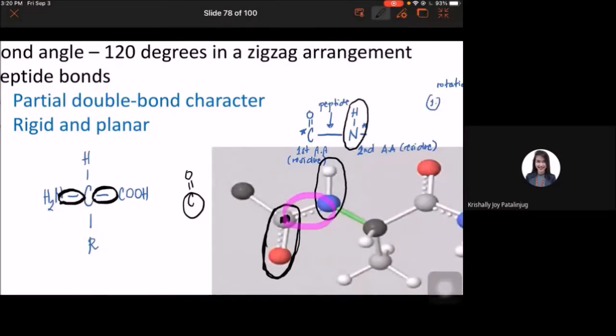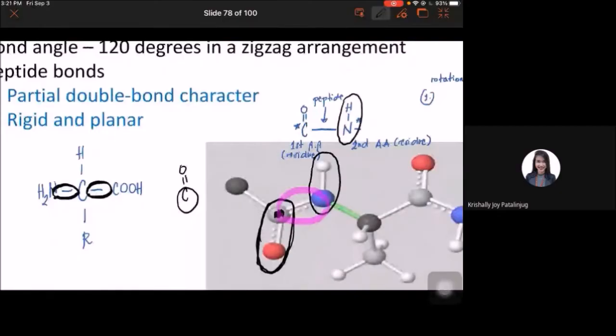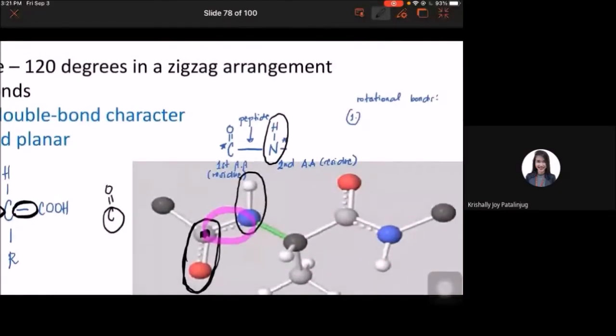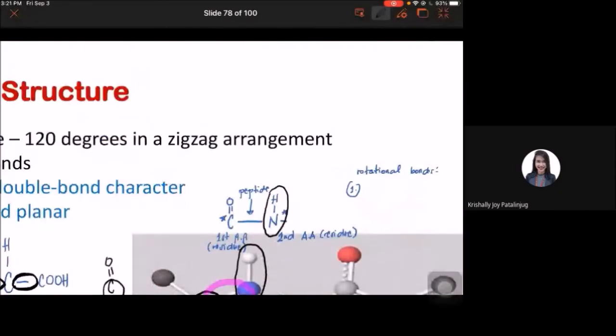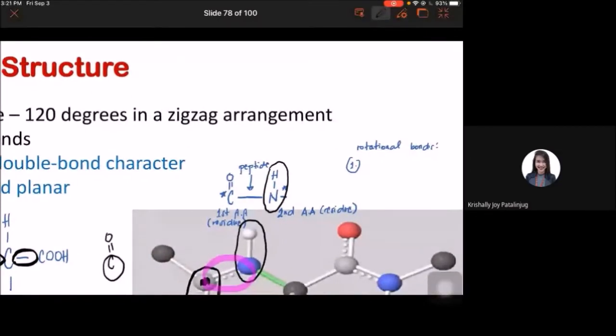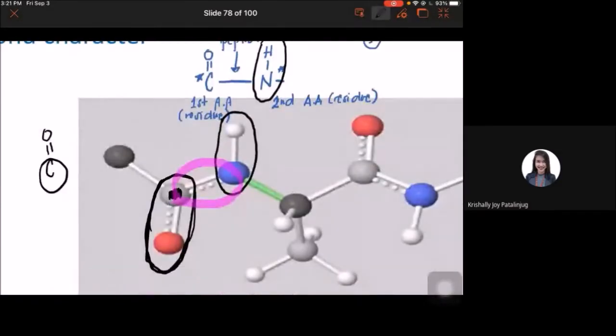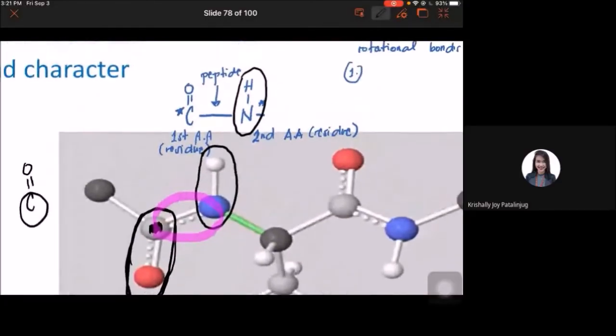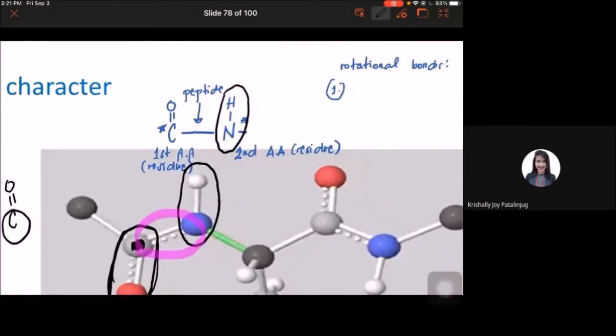In particular, number one, we have the bond that connects the alpha carbon with the amino group.